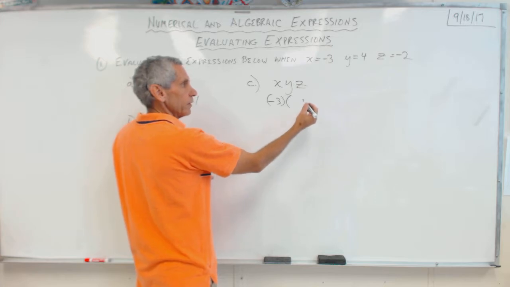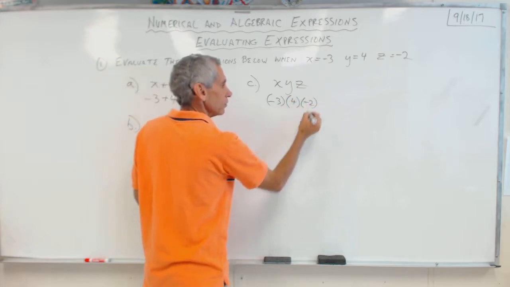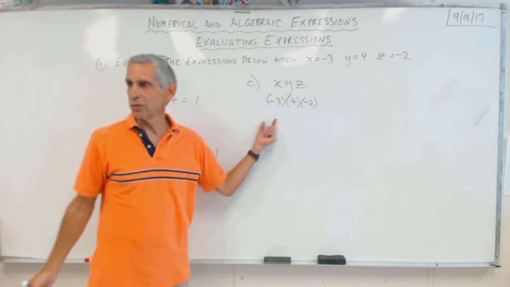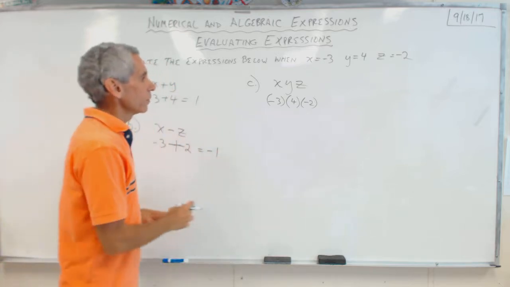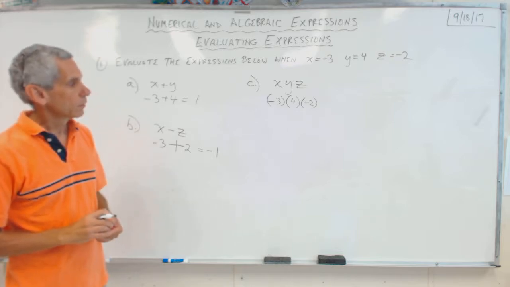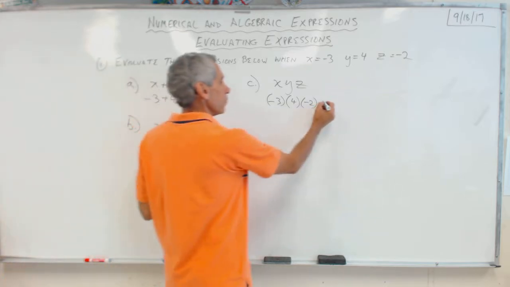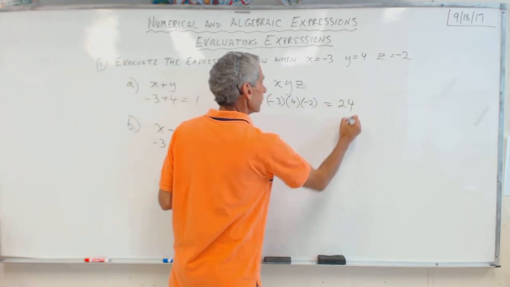So -3 times 4 times negative 2. You see why the parentheses are useful there? Okay, great. So what's the answer, Gardner? The answer is positive 24. Yep. Very good.